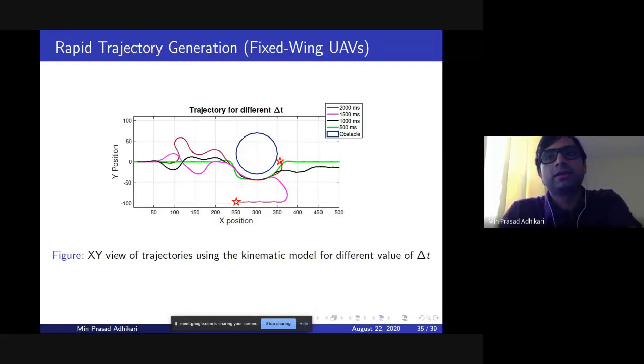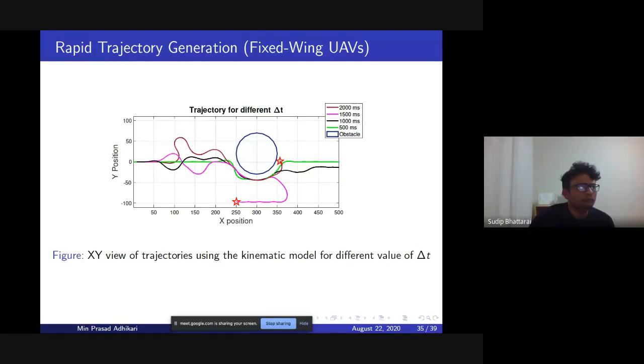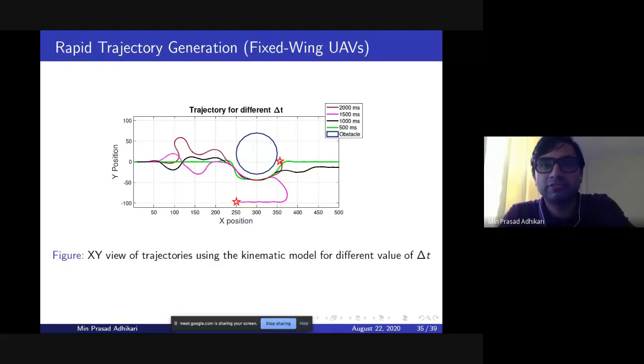I didn't test this on a UAV onboard, due to a lack of resources. In 2018, when I was thinking about testing this, the rules in Canada changed, and it became really difficult for international students, as foreign nationals, to get a certificate to test this kind of thing.